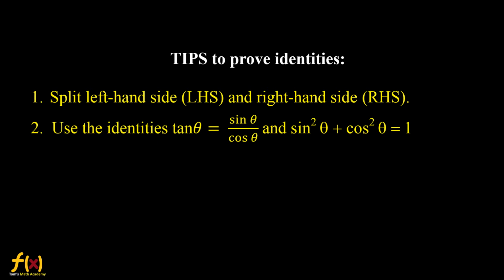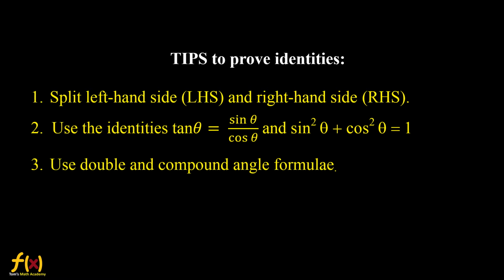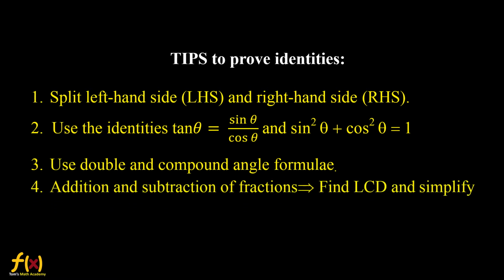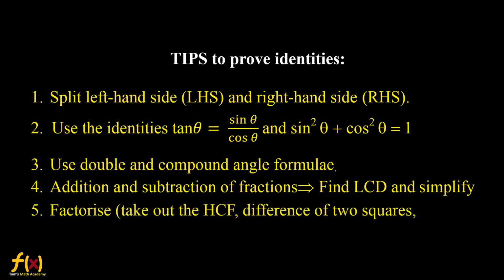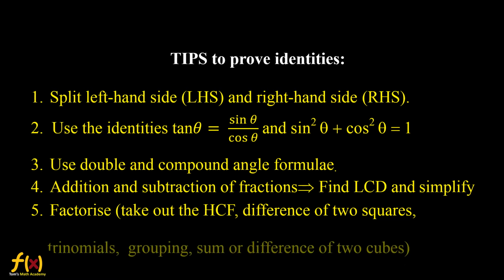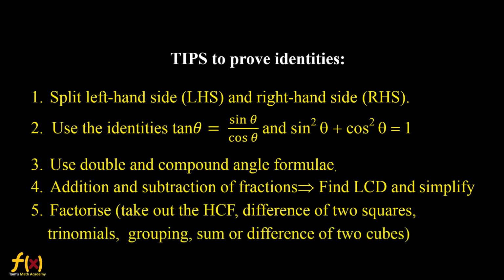Now, you can also use these basic identities, double angle and compound angle formulae, addition, subtraction of fractions, and simplify. Then also we can factorize if necessary. That's how we develop these questions.